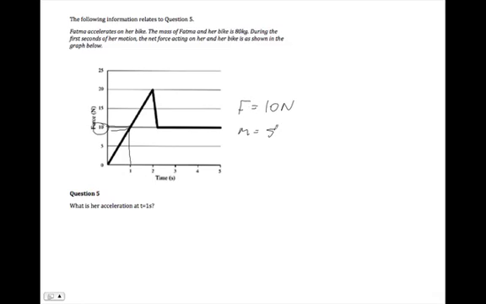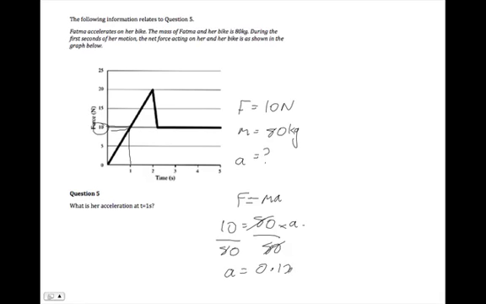We know her mass, of her and the bike, is 80 kilograms, and they're asking for acceleration. F equals ma, 10 equals 80 times a, so we divide both sides by 80, a equals 0.125 meters per second squared.